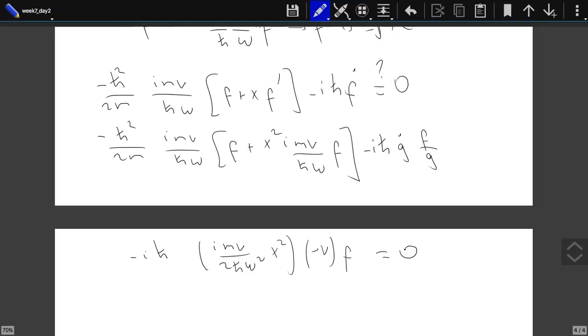Now, there are x squared terms. So if this is an equation for g, which depends only on time, there shouldn't be any x's left. X's should cancel. So let's see if they cancel. Here we have i times i, that brings a minus. Minus makes a plus. Here I have minus i times i plus, minus makes a minus. Okay, that is kind of nice. What else do I have? Here h bars will cancel.